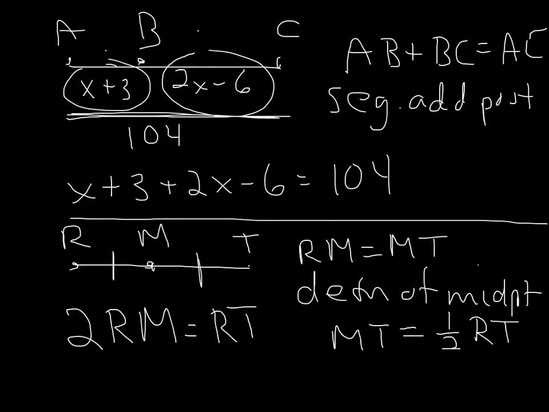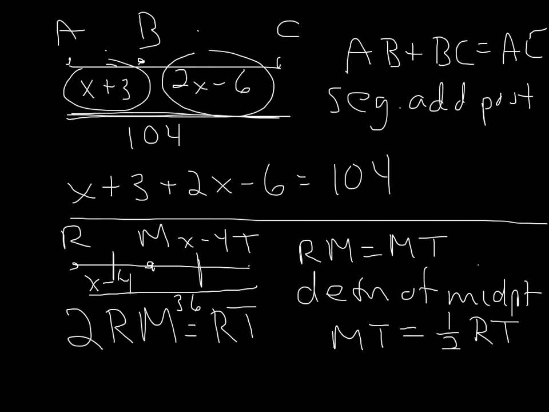So as before, if I gave you information, for example, if I gave you RM was x minus 4, and if I gave you that RT, the entire piece, is 36, what could your equation be? Well, realize if little segment RM is x minus 4, couldn't you call little segment MT also x minus 4?